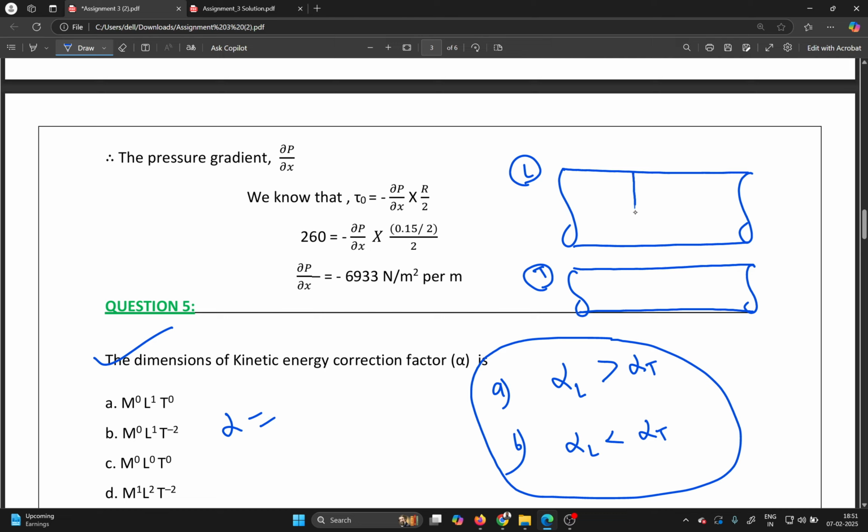So the velocity variation is parabolic in case of laminar, like that. But in case of turbulent flow, the velocity variation at the wall is linear, then after that logarithmic. Most of the part is logarithmic.